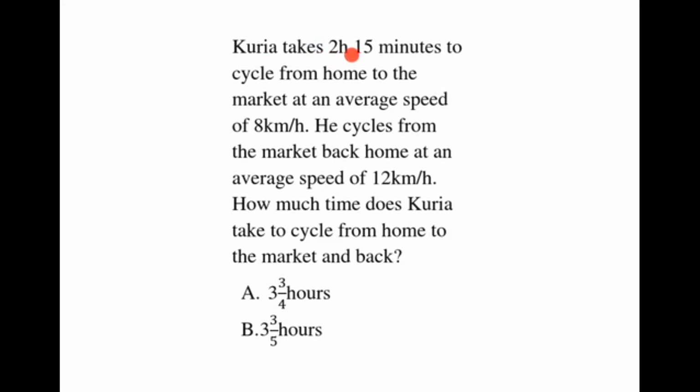Courier takes 2 hours 15 minutes to cycle from home to the market at an average speed of 8 kilometers per hour. He cycles from the market back home at an average speed of 12 kilometers per hour. How much time does courier take to cycle from home to the market and back?